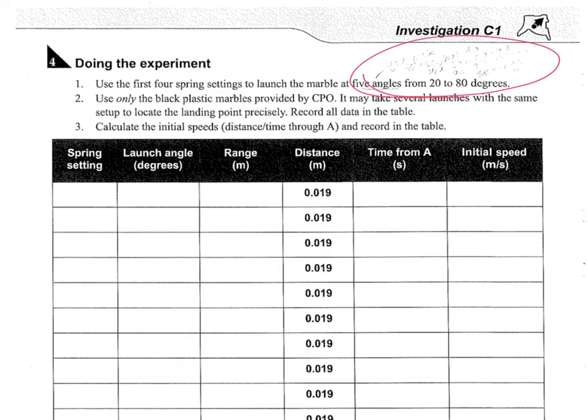And then you need to do 6 angles at those notches. So for example, you can set it at spring scale 1, and then launch at 20 degrees, 30 degrees, 40 degrees, 50 degrees, 60 degrees, and 70 degrees. That would give you 6 pieces of data. Then you would do that same thing, exactly the same angles, for spring scale setting number 2. And then you do it again for spring scale setting number 3, and so on.